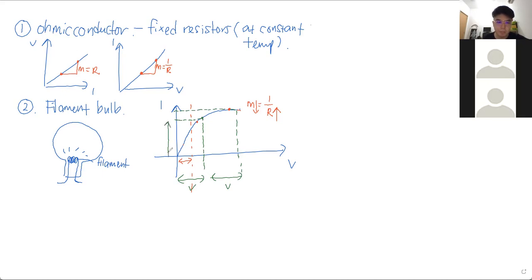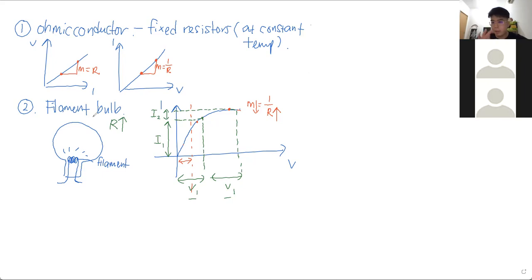This one, call it V1, I1. For this same amount of V increase, what is the increase of I? Only this small, tiny bit, I2. The same increase in V, the I only increases a bit. So it means the resistance is already high here. For the filament bulb, we can conclude that the resistance is increasing. It is not constant, not like the ohmic conductor, not like the fixed resistor.